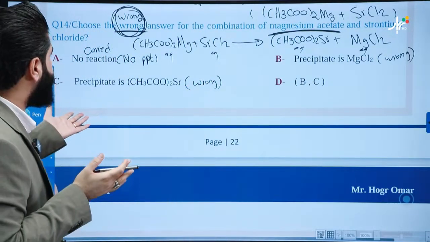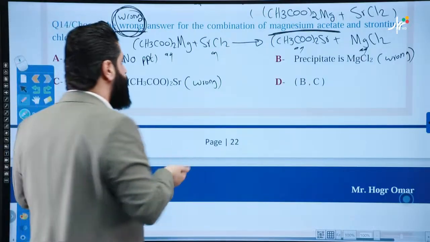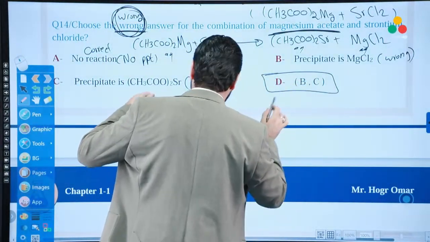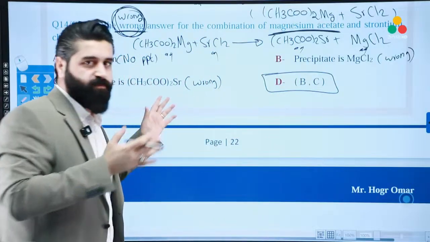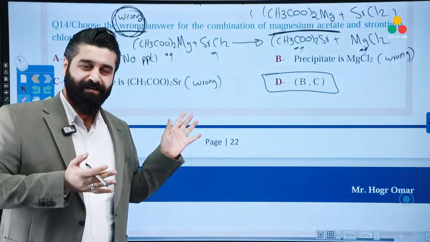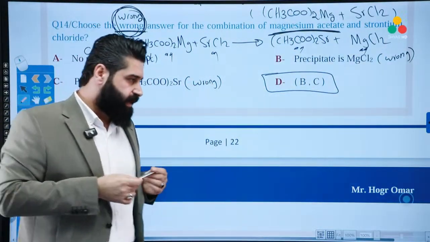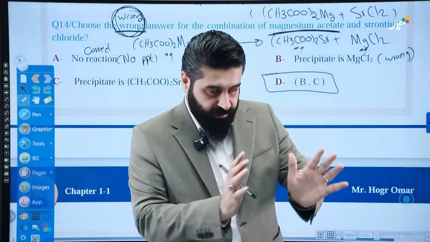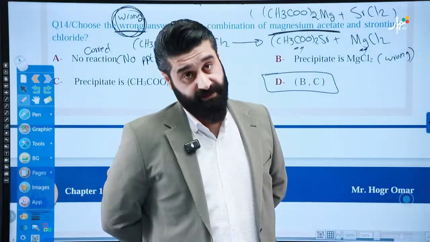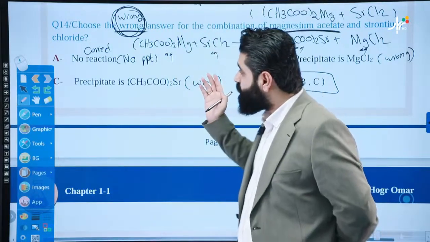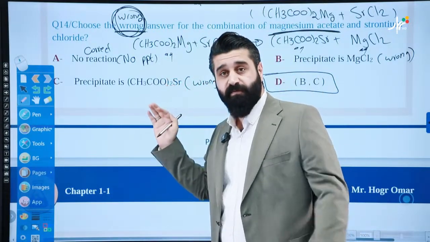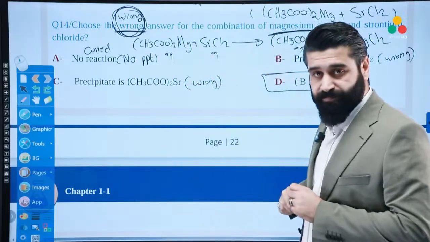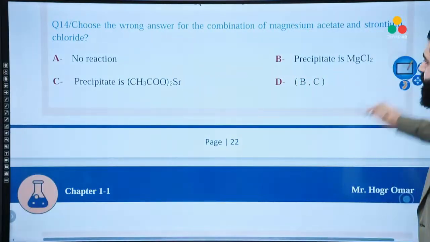Both B and C are the wrong answers, which will become correct for this question. So that's how you answer the questions related to select the wrong answer or incorrect answer. First, write the terms of correct or incorrect above the answers, then select the one according to the question. Okay? Let's keep going.